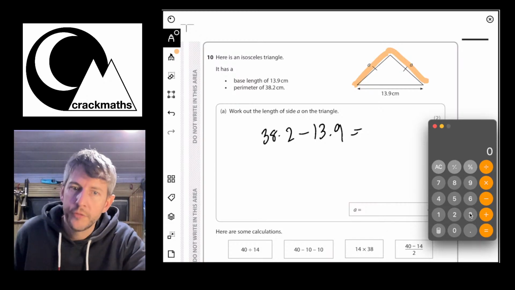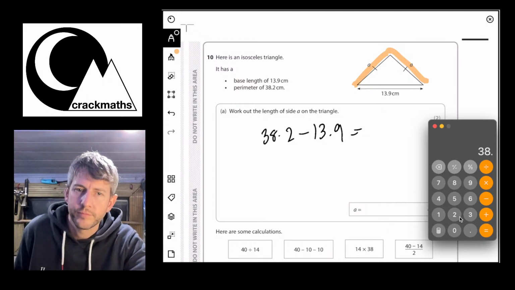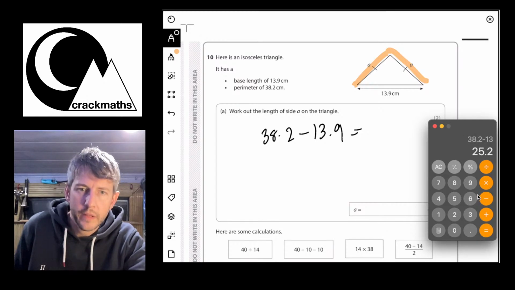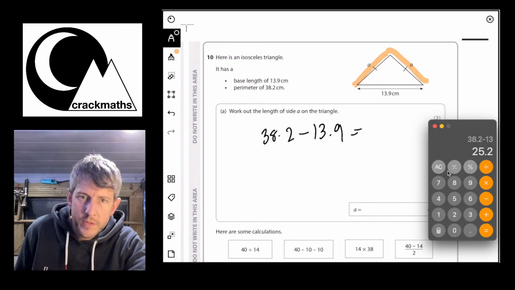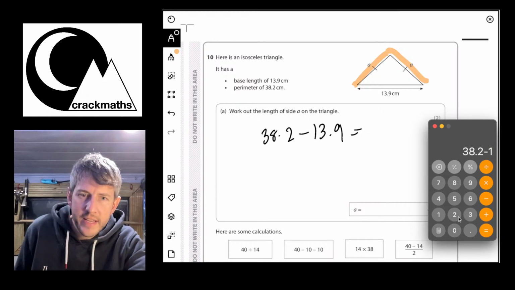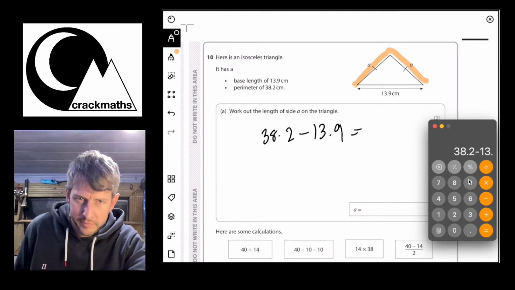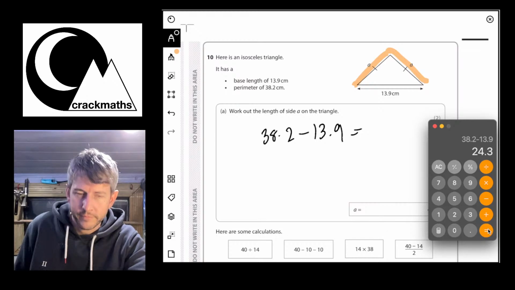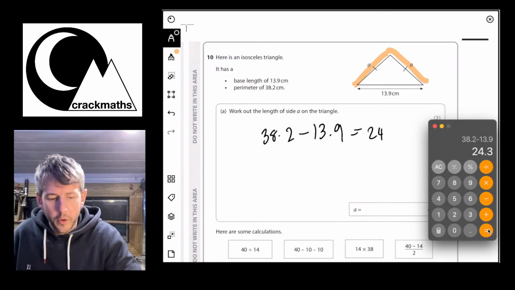And we've got here 38.2, take away 13.9. Oops, let's try that again. 38.2, take away 13.9. So that equals 24.3.